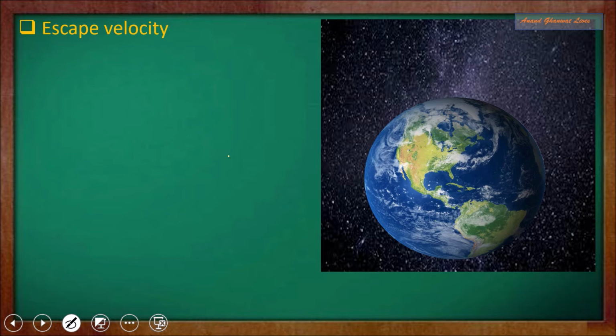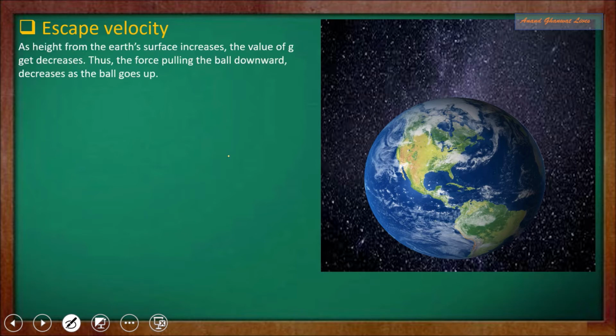Now let us understand the concept of escape velocity. As height from Earth's surface increases, the value of g decreases. Suppose the object is here, at a particular height h from the Earth's surface. The value of g on the Earth's surface is taken as 9.8, but as the height from the Earth's surface increases, the value of g decreases.